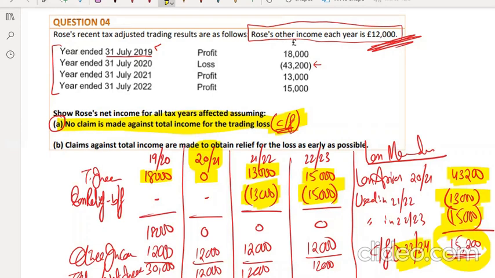After this, we add other income, which is given, and we get total income, and there is no qualifying interest. So it's the same as total income or net income for an individual. After this, personal allowance will apply and taxable income will come.